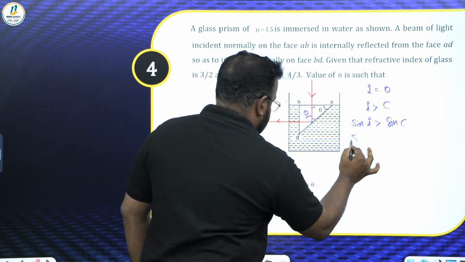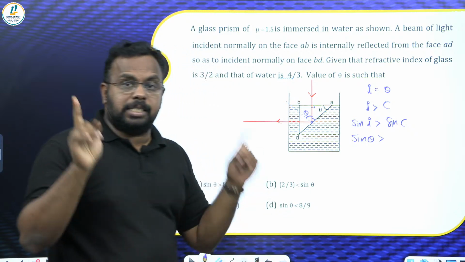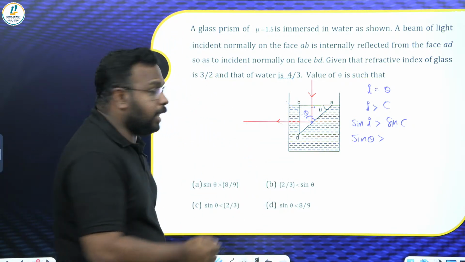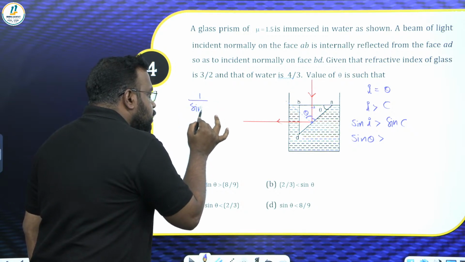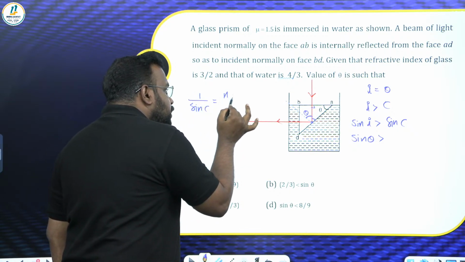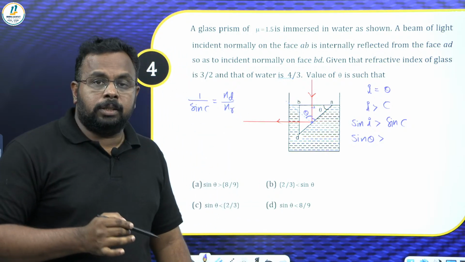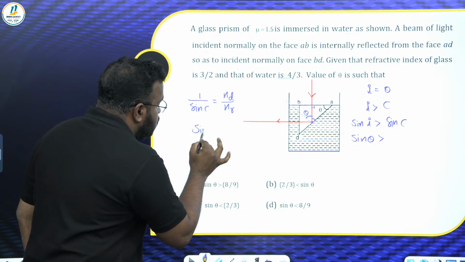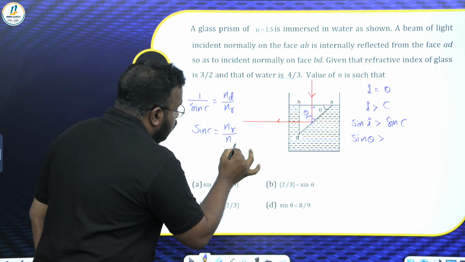So sin theta, LHS I am writing, should be greater than sin C. What is the formula for refractive index in terms of critical angle? You know that 1 by sin C is equal to ND by NR. Do you remember this formula? Which means sin C is equal to NR by ND.